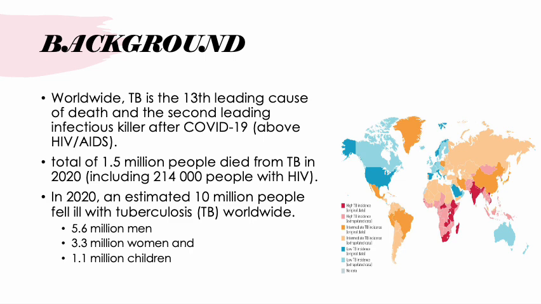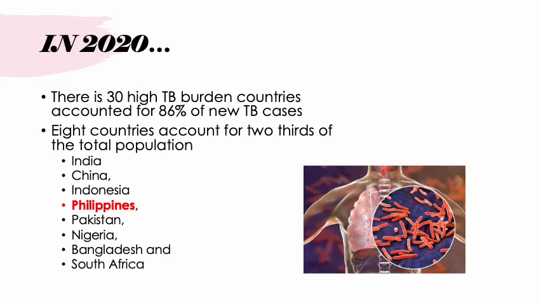In the 2020 census, an estimated 10 million people fell ill with tuberculosis worldwide. Of this population, 5.6 million are men, 3.3 million women, and 1.1 million children. In 2020, 30 high TB burden countries accounted for 86% of new TB cases.